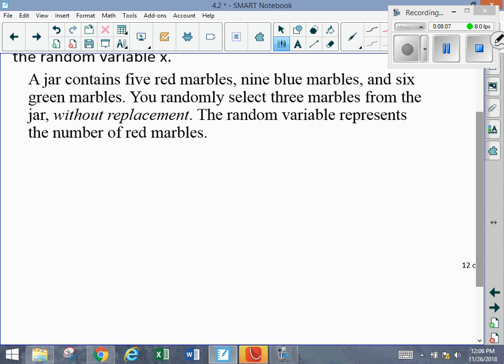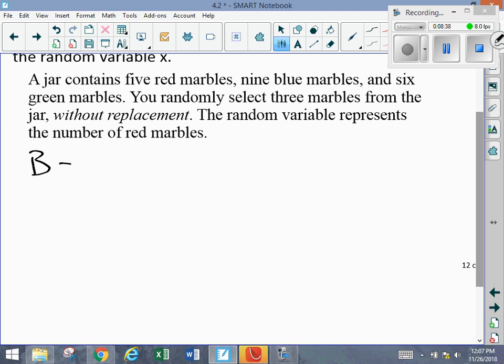You're going to randomly select 3 marbles from the jar without replacement. The random variable represents the number of red marbles, so X is how many red marbles we pull out. We're going to select 3, so X should be 0, 1, 2, 3, and that's it. So let's first check BINS.